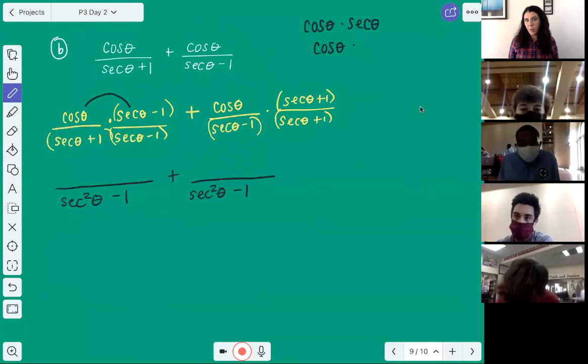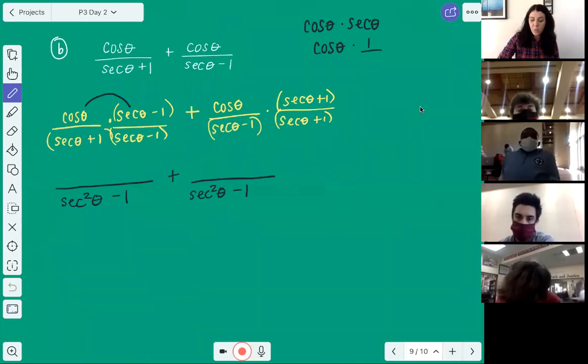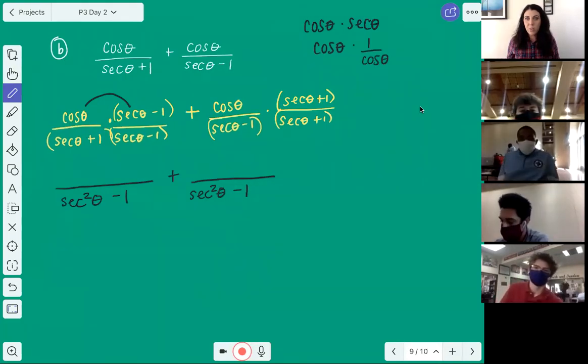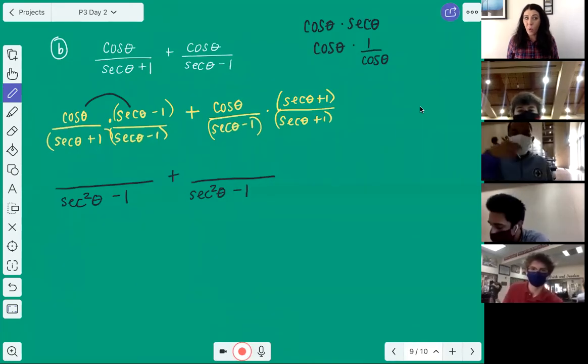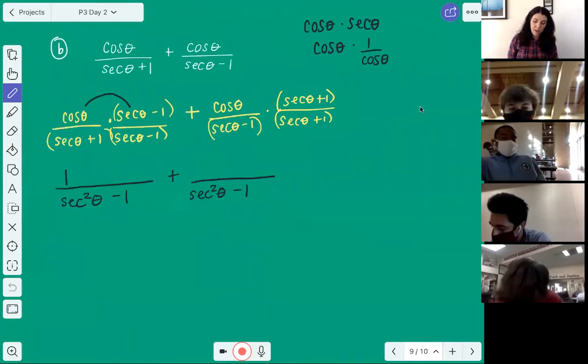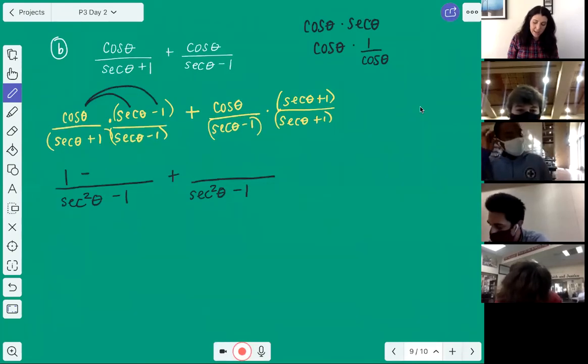Would it just be 1? It would be 1 because secant is the same as 1 over cosine. Right? So if I multiply cosine times secant, I'm really multiplying cosine times 1 over cosine. So that just cancels out and gives me a 1. So cosine times secant is 1. Okay, and then when I distribute the cosine to the next term, I get minus cosine of theta.